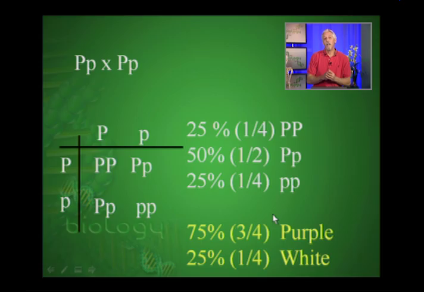But again, if you flipped a coin 1,000 times, you are likely to see about a 50-50 distribution. So the more you do it, the more likely you are to see the expected outcomes. But there's no guarantee that you see the expected outcomes, especially when you have only a few outcomes to work with. So if you cross heterozygotes and there's only 1 offspring, what would it be? Well, the best chance would be that it would be heterozygous and show a purple flower in this case.